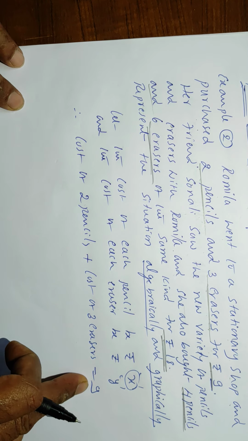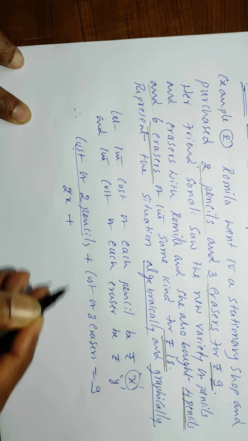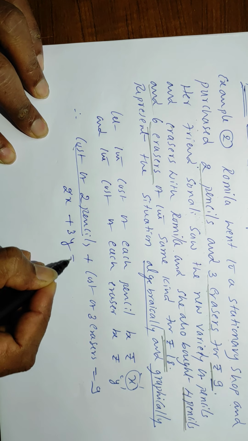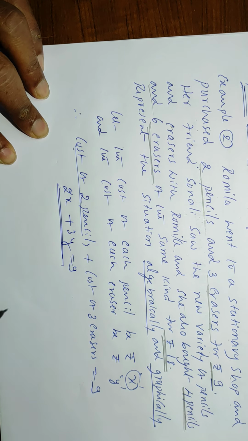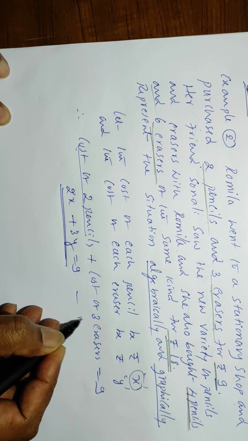That is 2X plus 3Y equal to 9. So we have obtained one equation.